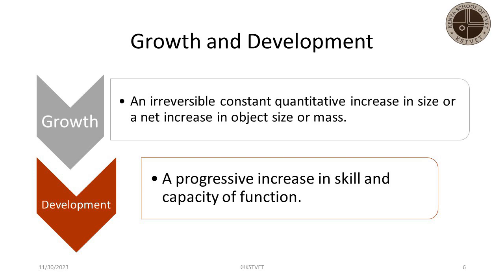It is a progressive increase in skill and capacity of function. It refers to qualitative changes that take place in a human being from conception to death as a result of maturation and environment. It is the emergence of capabilities over time. The changes could be social, emotional, physical, and moral.